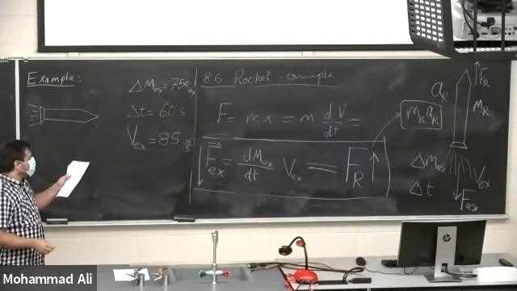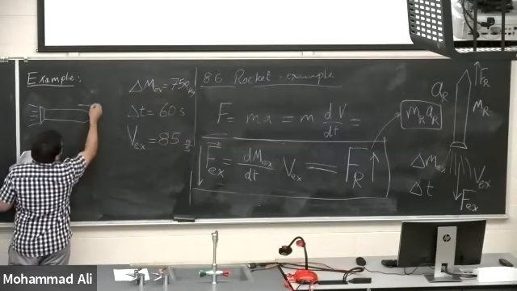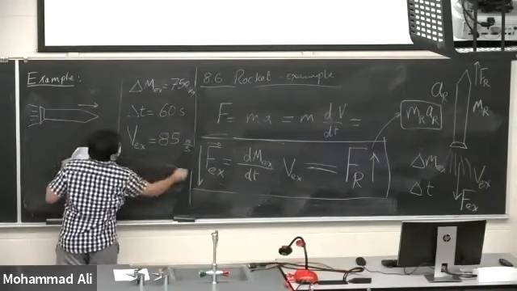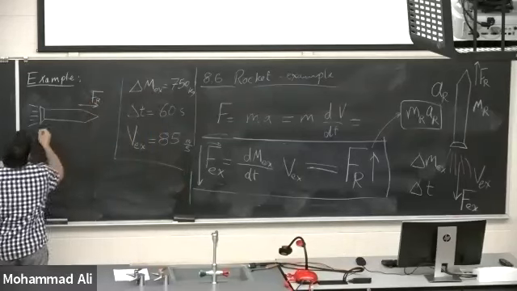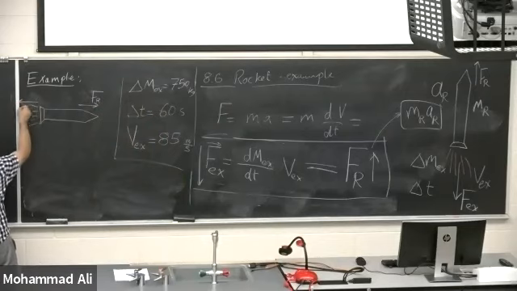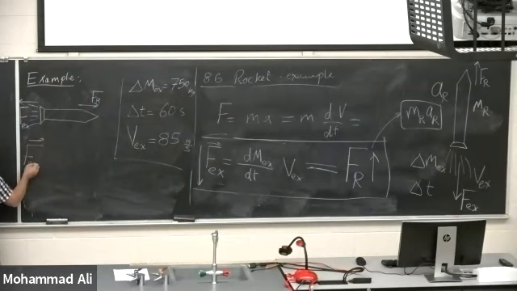Calculate the forward thrust, the force. I need to compute now the force. I have all the givens now. I need to compute the force on the rocket. I can compute the force of the exhausted material. I need just to use this formula. F of the exhausted materials, as you see, will be in the negative x direction, right?